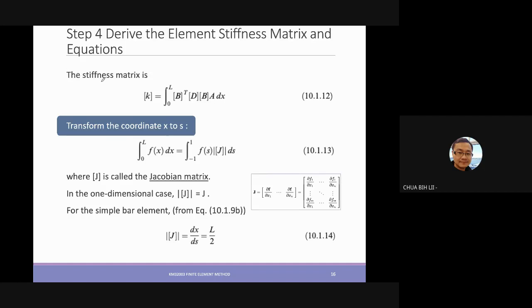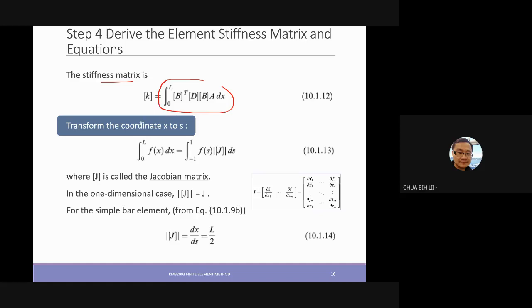Then for the stiffness matrix, once we get that, as usual we have to combine all the matrices across all the dimensions. You may have more than one element, in one direction and so on, so combine them together by taking the integral of the elements along the whole length of your problem.